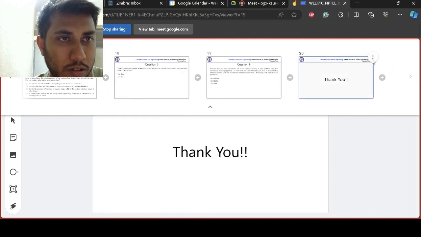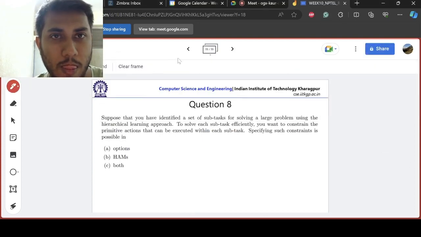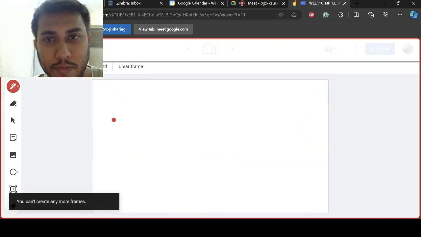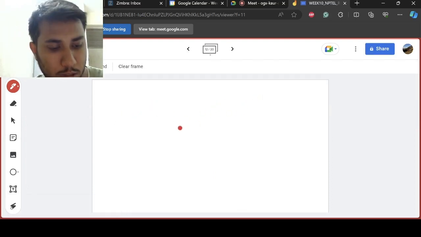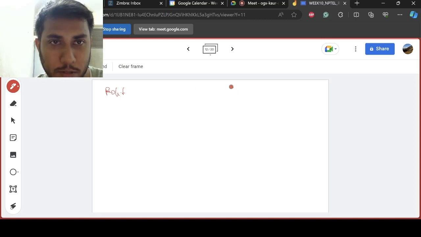Okay, suppose we have an MDP of a robot. Suppose we have a grid like this.